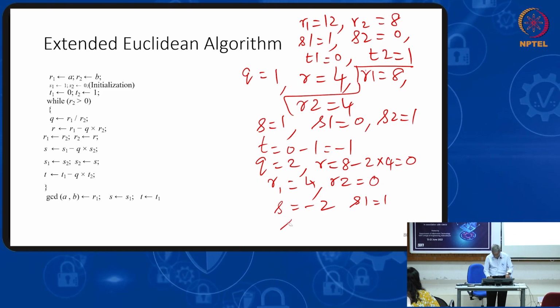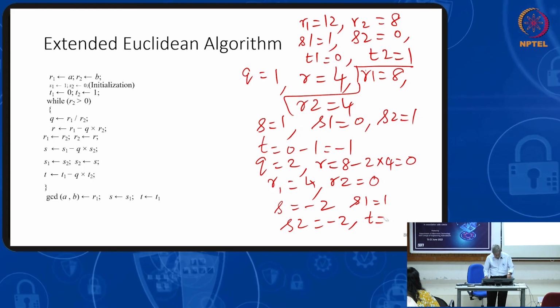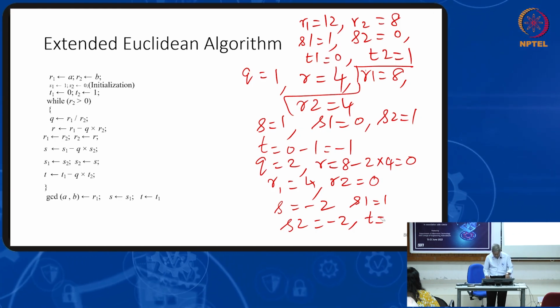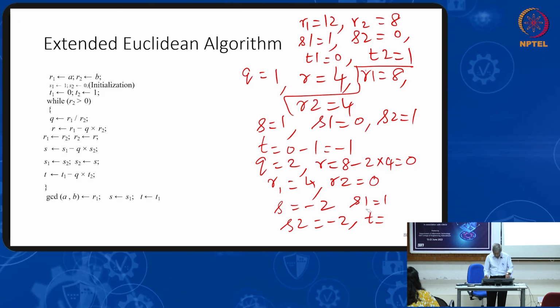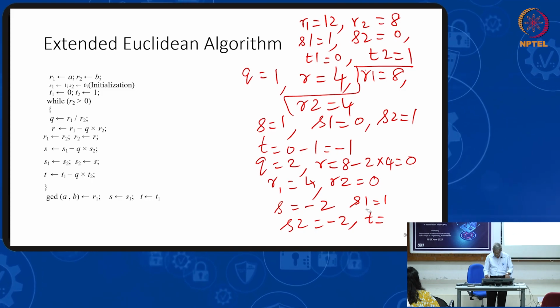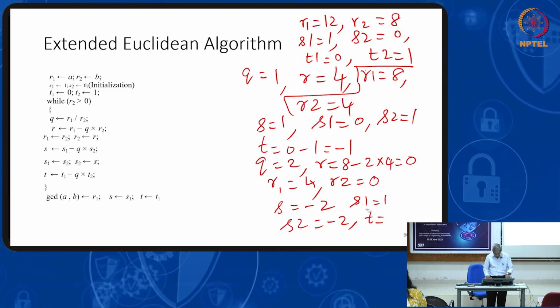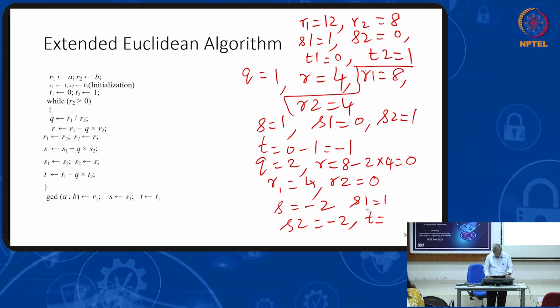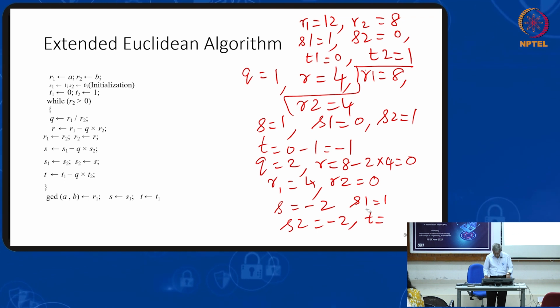S2 equal to S, so S2 equal to minus 2. T equal to T1 minus Q T2, 2 into T2. How much is T2? It is 1. Q is 2 into 1. T1 is 0, so 0 minus 2.